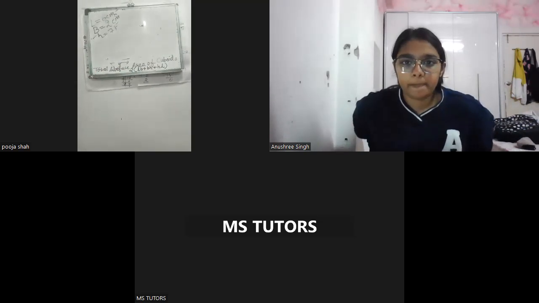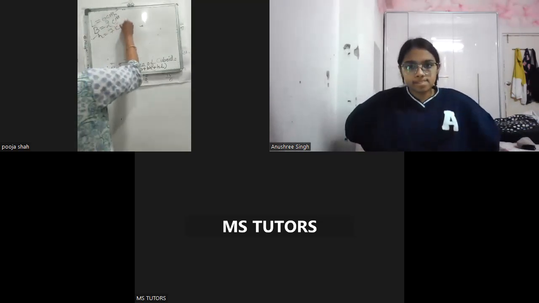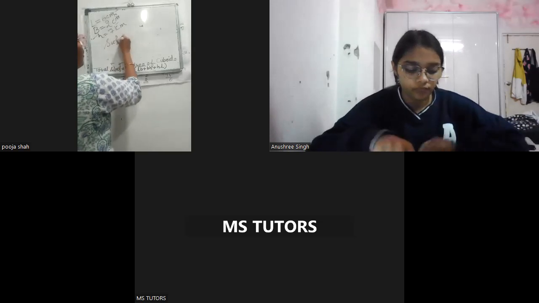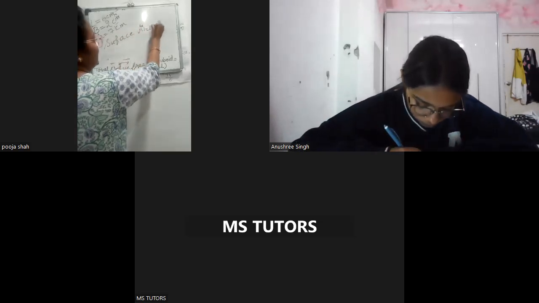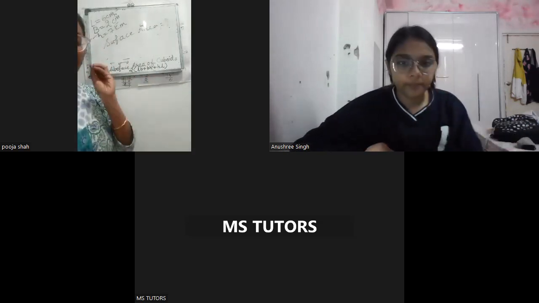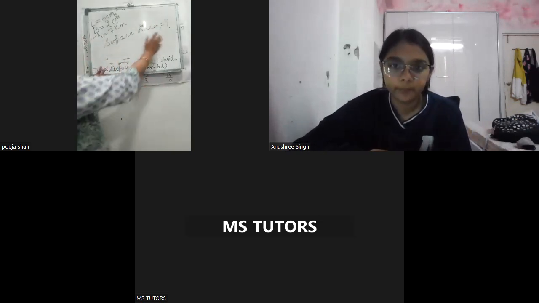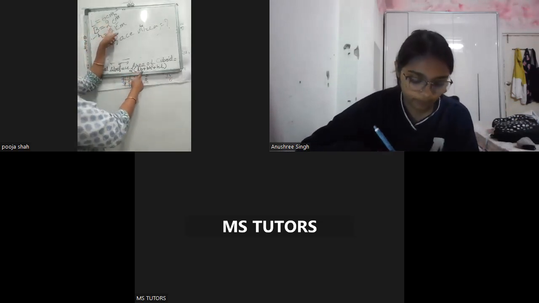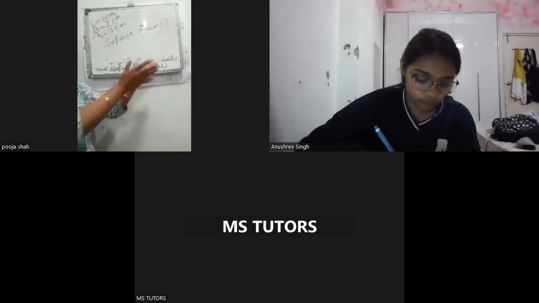If I give you, find out the surface area of that cuboidal box. Find out the surface area. We just have to do it step by step because steps are always considered and give you marks. We have to first write down the formula. Then in place of l, we have to put 6. In place of b, we have to put 2. This way we will do.